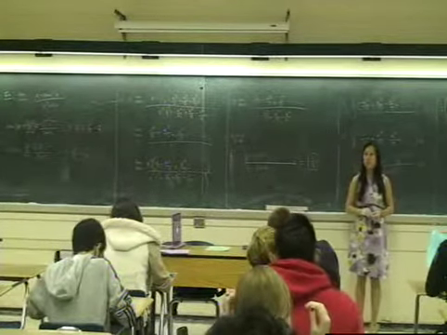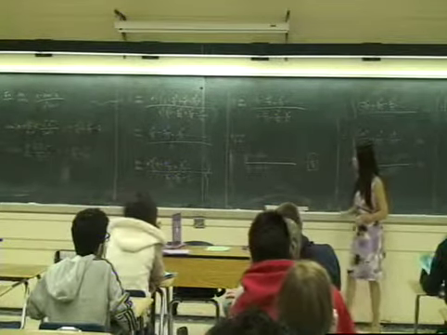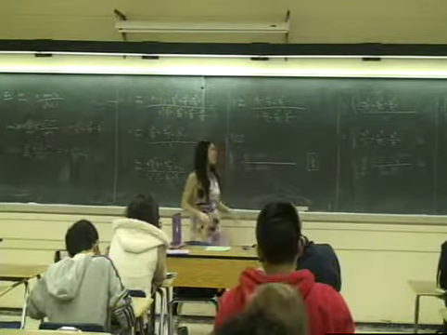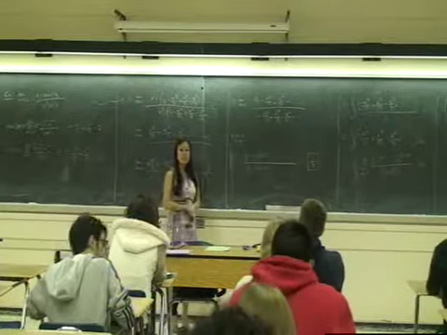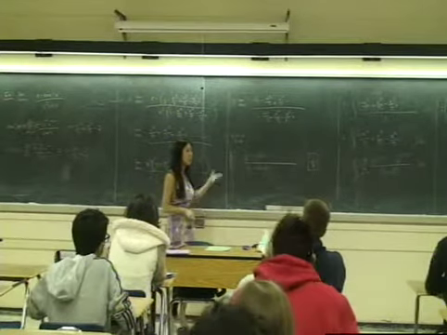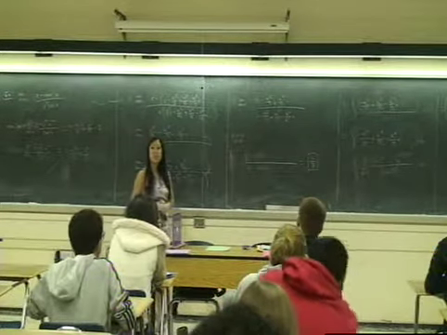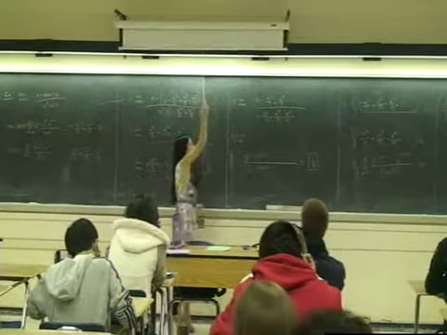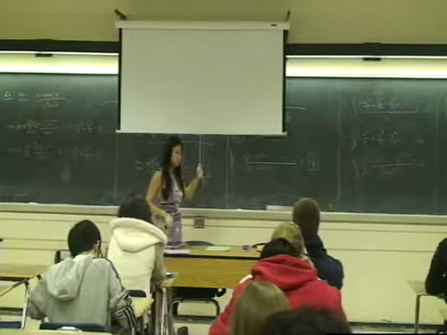Cool, huh? Or you can even just use series to check your answer. Okay? I think it's much neater and cooler and cleaner than L'Hopital when you can use it.